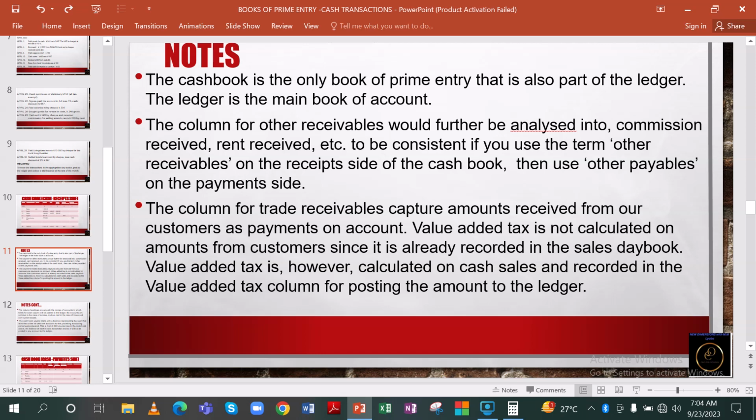You would have the figure captured twice and overstate the VAT account. So you only calculate it once, when the transaction took place. Value-added tax is, however, calculated on cash sales, and a value-added tax column is recorded for posting the amount to the ledger.